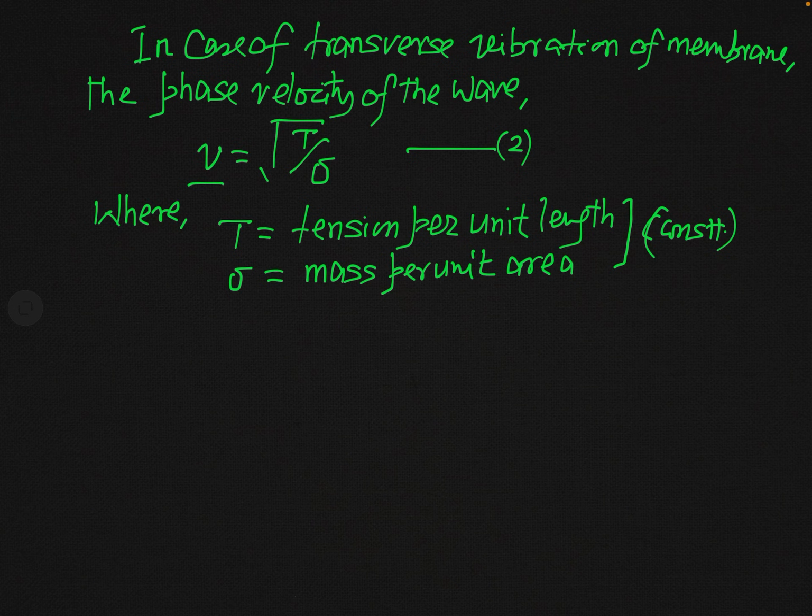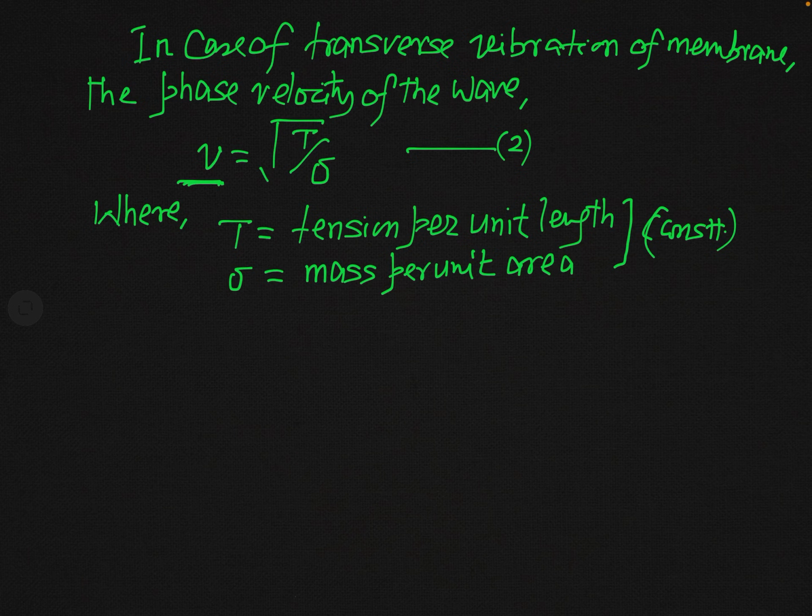These two quantities are constant in this case, as our membrane is homogeneous, so sigma is constant, and we apply a constant tension too. So if T and sigma are constant, this velocity v, the phase velocity of the wave generated on this membrane, is constant.